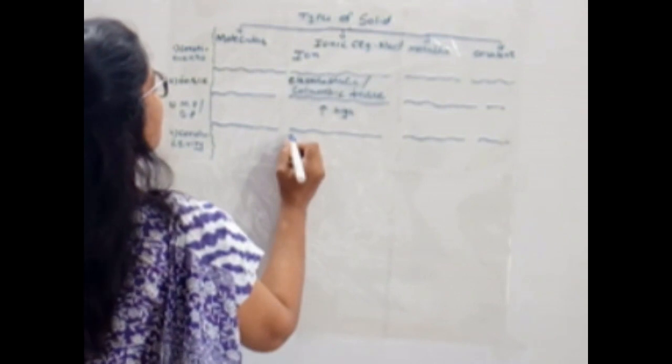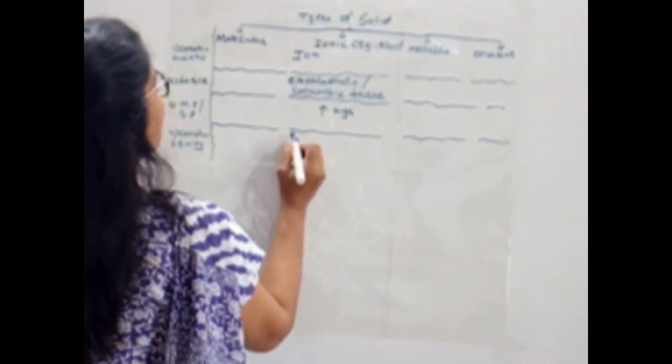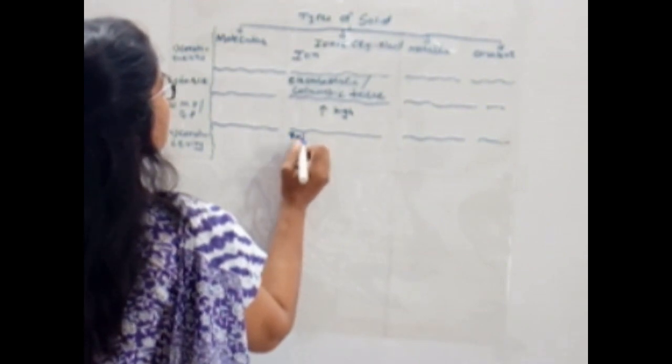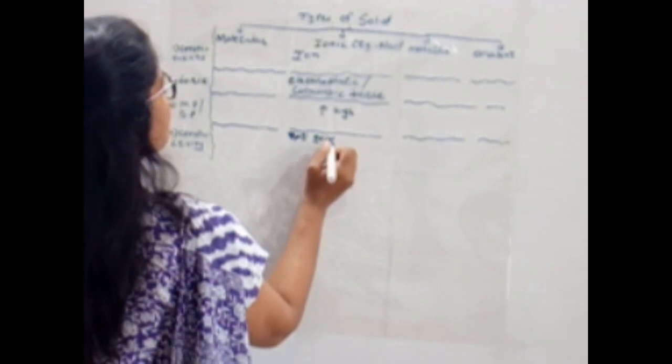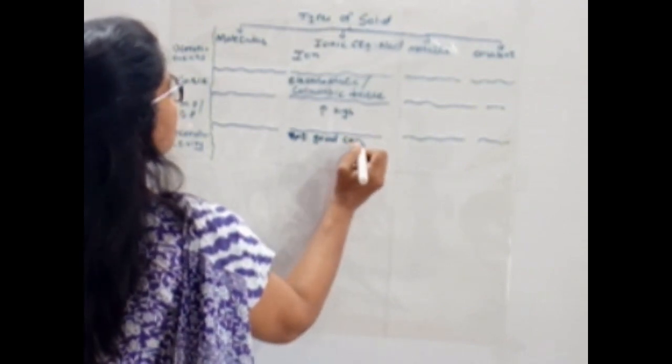For the ionic solid, they are not good conductors in their original solid state. I'll explain that later on, but we can say they are not good conductors.